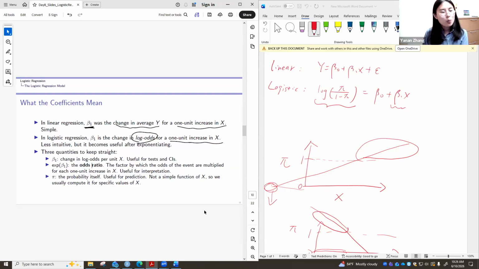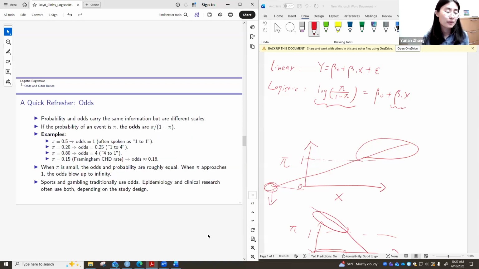So the question is, what is odds? Odds is a different measure from probability. Odds is defined as the probability of a success divided by the probability of failure. If we denote the probability of a success as pi, the odds will be pi over 1 minus pi.